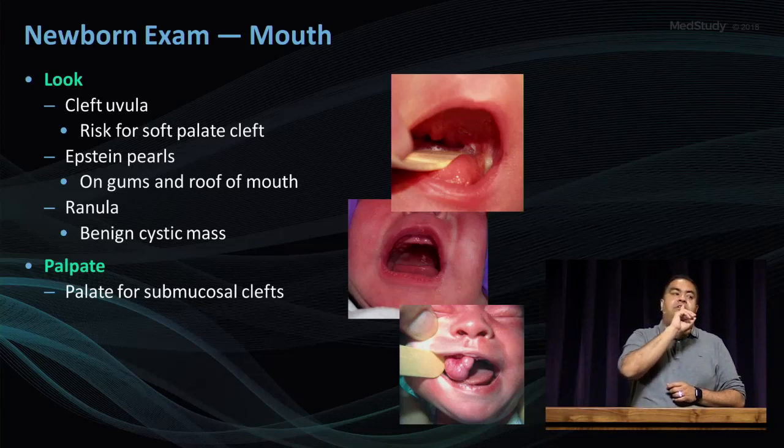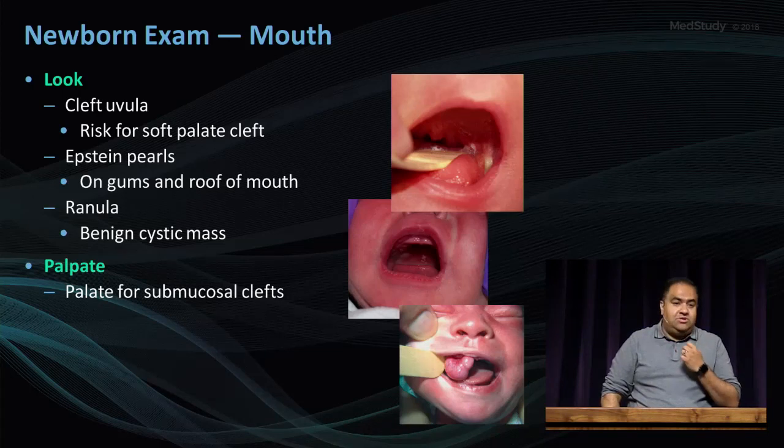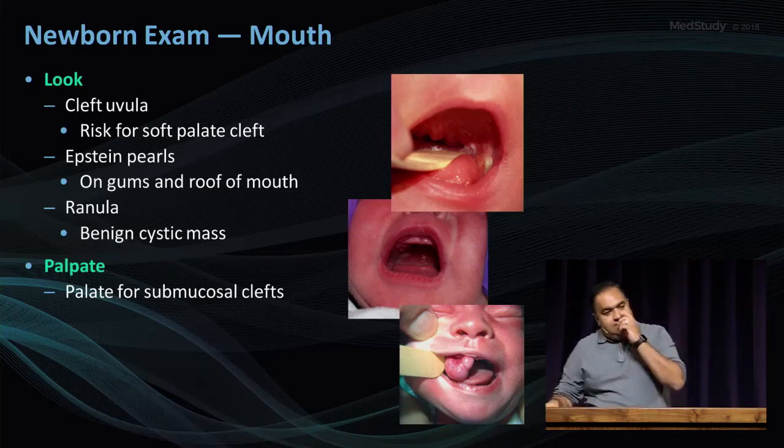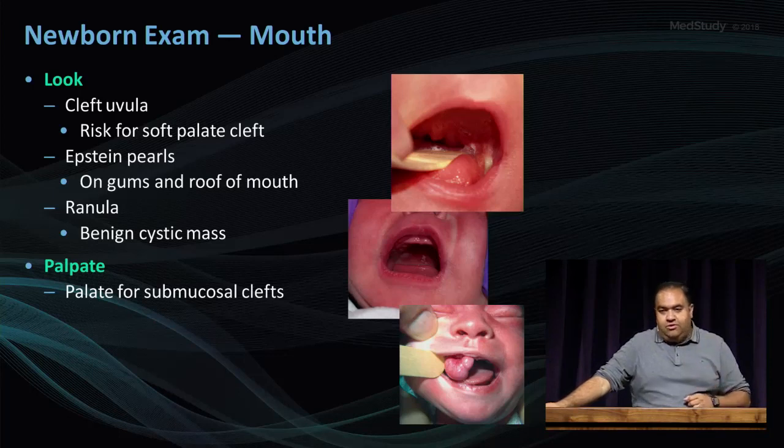If you open the back of the mouth and you see a little white pearl right on the hard palate of a baby, those are Epstein's pearls, completely benign. On the lower inferior alveolar gum, you'll see the Bohn's nodules, B-O-H-N, and then you might see milia, these epidermal inclusion cysts that are on the nose. Those are very normal. These are all the same type of category.